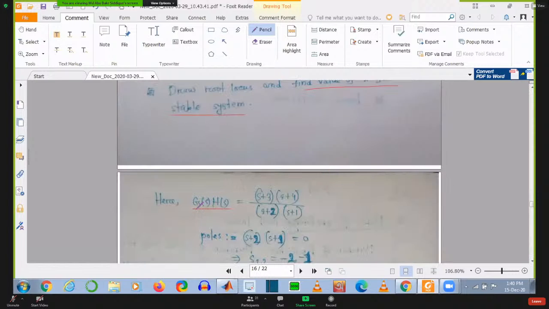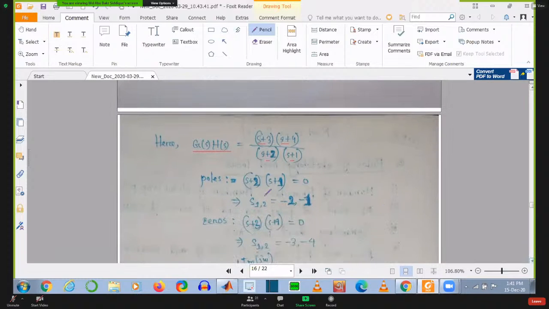You already know the definition of poles, and you can find them very easily. Poles: (s+2)(s+1) equals 0, then s1, s2 equal minus 2, minus 1. These are our poles.